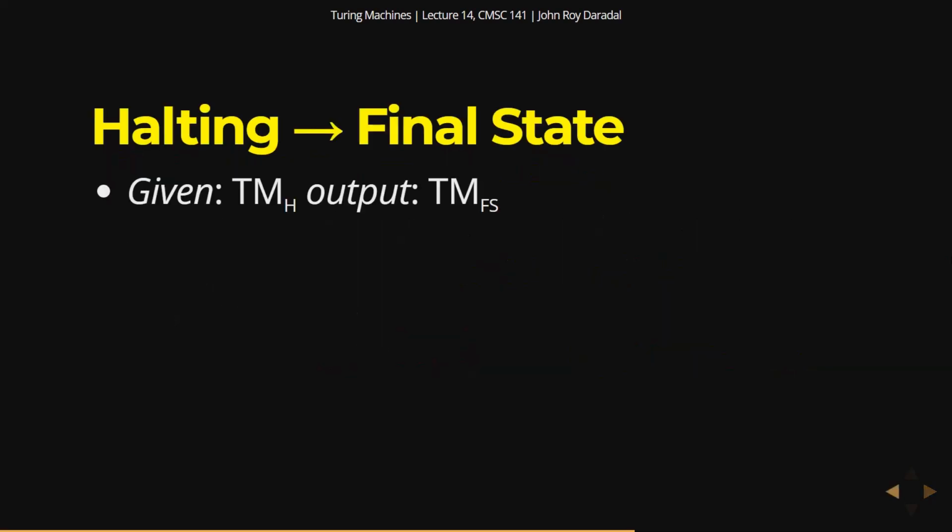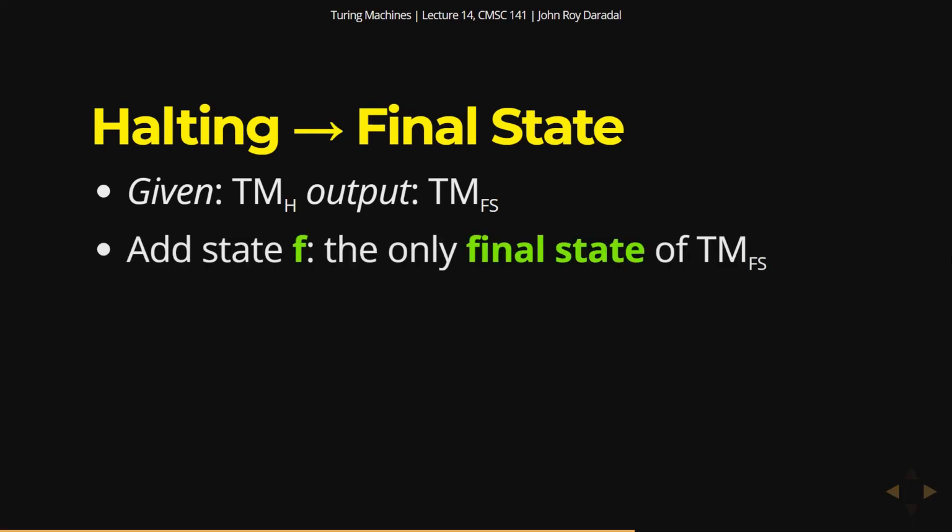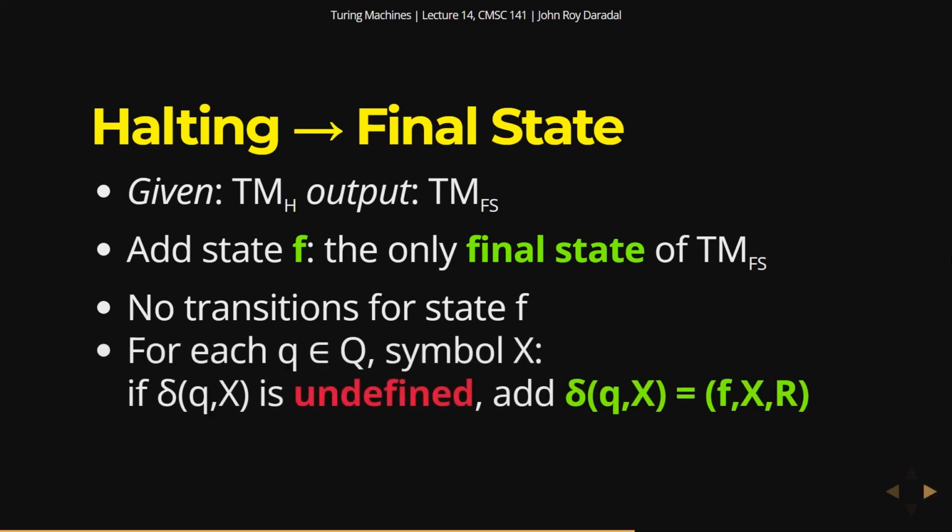Now on the other hand, if it's from halting to final state, then we'll just add the state f, which is the only final state of the equivalent Turing machine, and there should be no transitions for state f, so that it's already the final state. And for each state q and symbol x, if qx is not defined in the transition function, that means that you are stopping in that case, right?